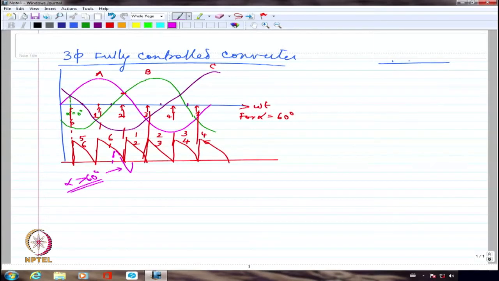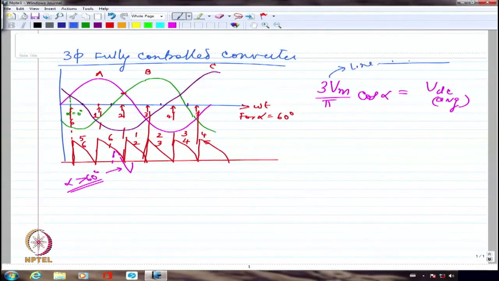So you are going to have some portion of positive voltage and some portion of negative voltage, both of them, and you might have an average voltage equal to 0. We derived the expression, or I asked you to derive the expression. I don't know whether we derived it in the class, but 3 Vm by pi cos alpha happens to be the VDC average value, where Vm is line voltage peak. Line voltage is line to line voltage.